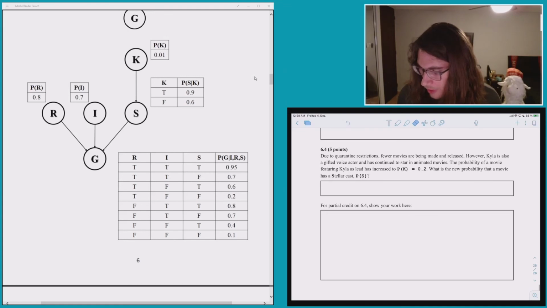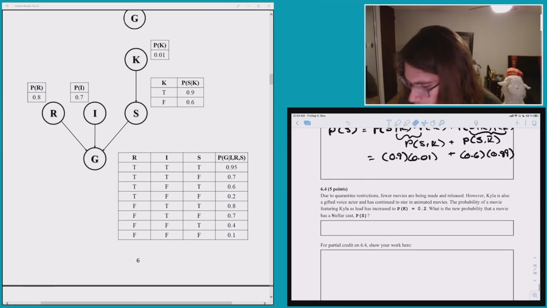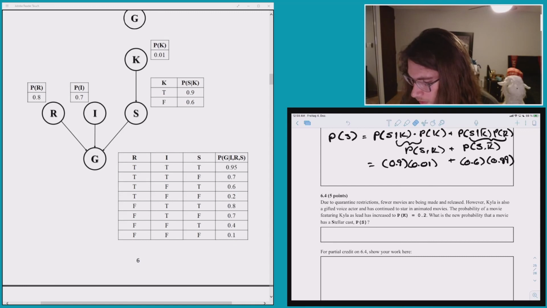So now this is another calculation, and we'll probably be using the exhaustion principle and some combination of the chain rule to solve it as well. We are asked to just recompute using a newer value for P of K. And what does that mean? That means I'm just going to rewrite the equation from above.